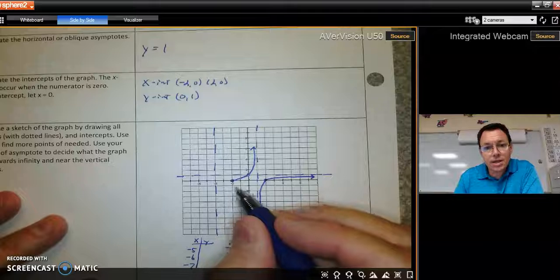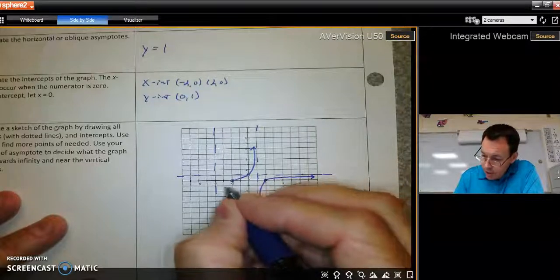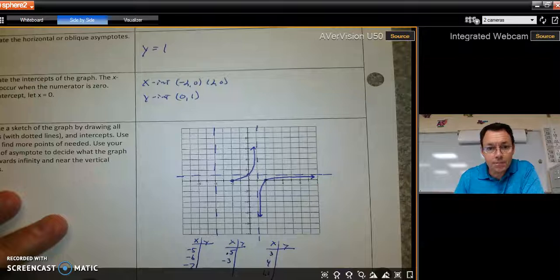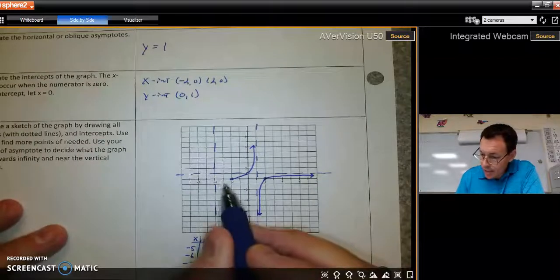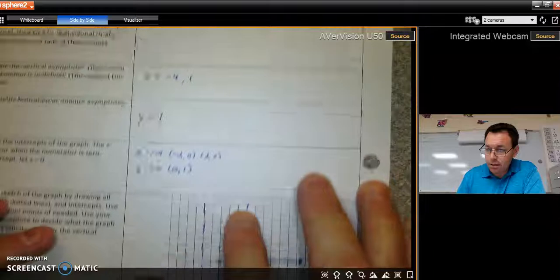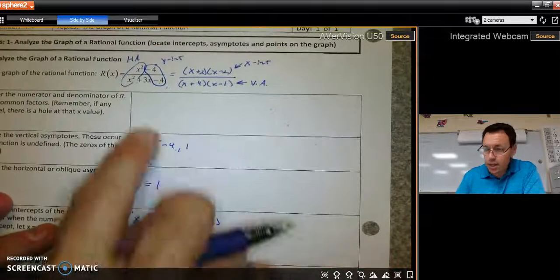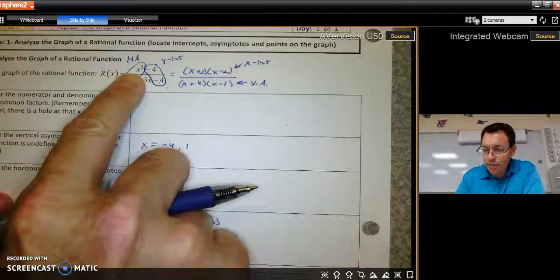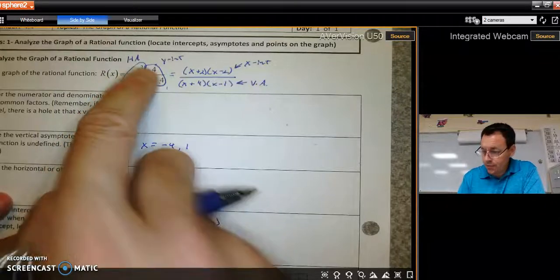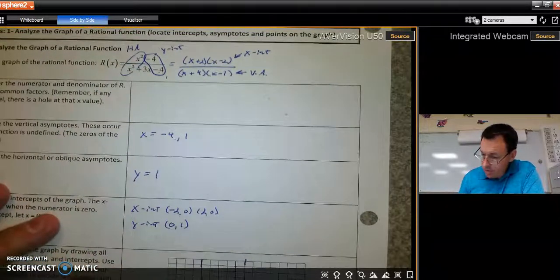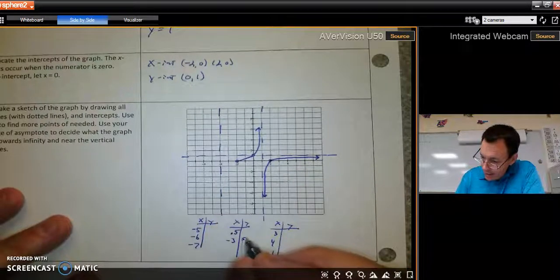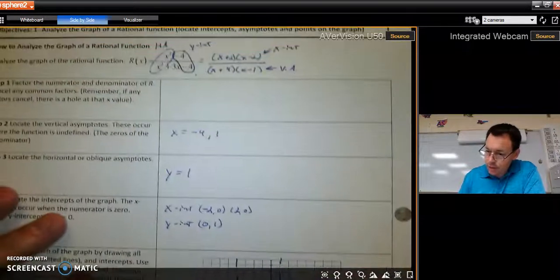Well, maybe this is a case, if you're not certain, is the graph going to curl down? Is it going to turn around and curl up and look like a parabola? Well, maybe this is a case where you want to take this point, so this is -3, and actually plug it into the original function. So -3 squared would be 9. 9 minus 4 is 5, so it's going to be 5 over, and then what do we get?